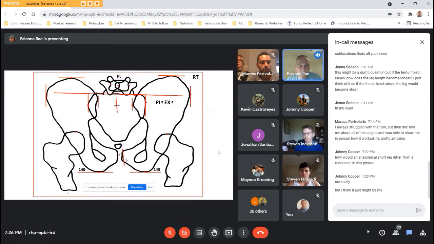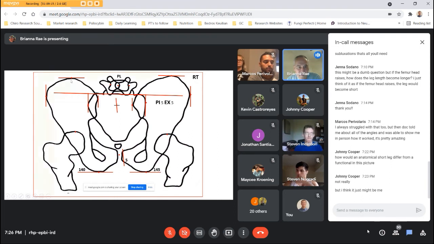So on this slide, I've drawn all the dots, all the lines. We have L5 body rotation on the right. So we're going to list the right ilium PIEX. How did we get the PI5? Well, we measured the length of the ilium from the iliac crest down to the ischium. That's 145 millimeters.